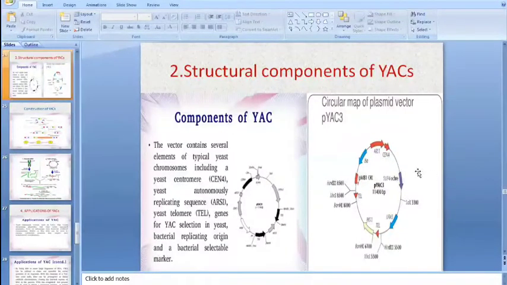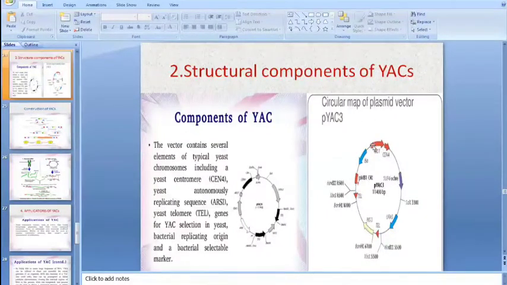First, let us see the structural components of this YAC by taking the yeast chromosome. The first part of this YAC is the yeast centromere, designated CEN4, and it is useful for regulation of segregation during mitosis. So the centromere is useful to regulate the segregation of the chromosomes. The second part of this YAC vector is yeast ARS, ARS1.